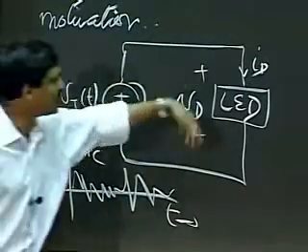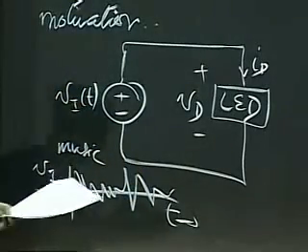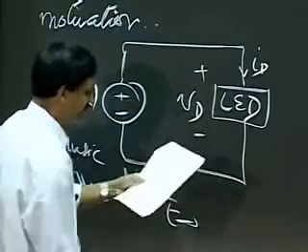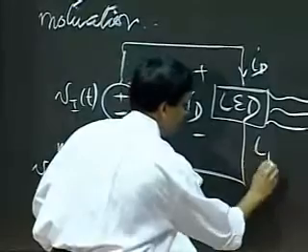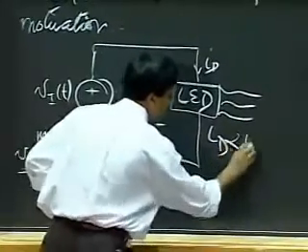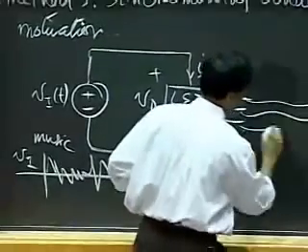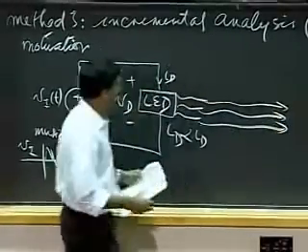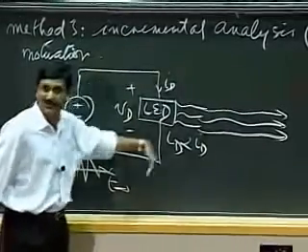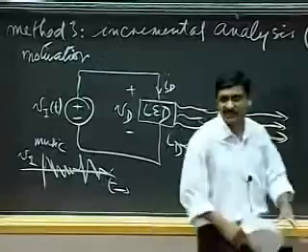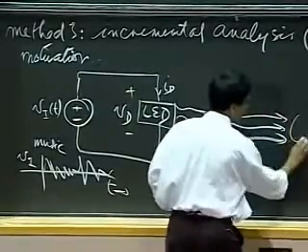So when I pass a current through it, it emits light, and the light intensity is proportional to the current that flows through. So light intensity LD is proportional to ID. Here's my little light emitting device, which when current flows through it produces light whose intensity is proportional to the current. And I'll stick in a receiver here.